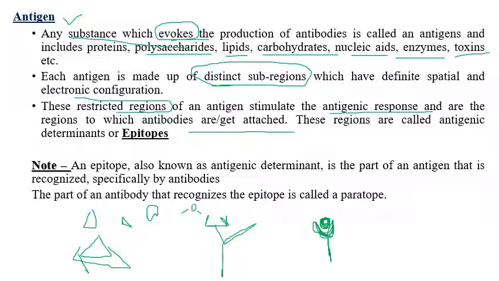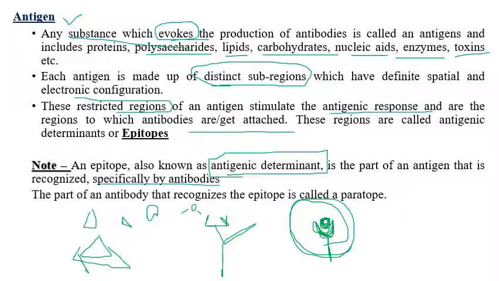Note the epitope. These regions are called antigenic determinants, or epitopes. These particular binding sites are called epitopes. The epitope is also known as the antigenic determinant. This epitope can determine the antigen. It is the part of the antigen that is specifically recognized by antibodies.